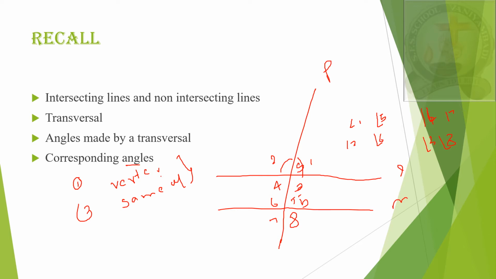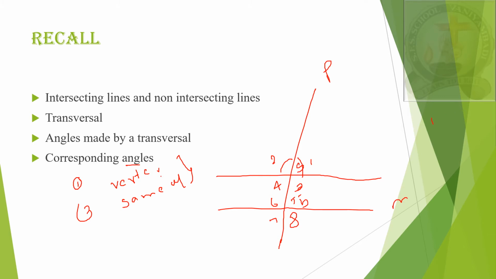Angle 4 and angle 7 are corresponding angles. Angle 3 and angle 8 are corresponding angles, since they have different vertices and lie on the same side of the transversal line. If you need, you can check with an example.